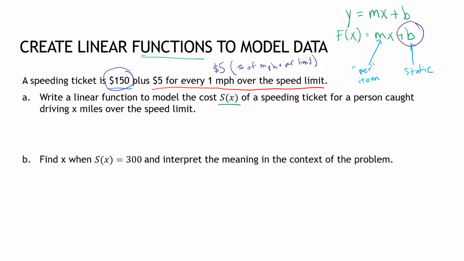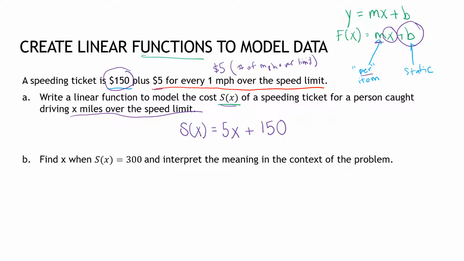And I know that based on the way it's written. 5 for every 1 mile per hour over the speed limit. So 5 is going to be my slope, and x is going to be that x miles over the speed limit. So my function here is going to be s of x because they tell me to use s of x, and then 5 times x plus 150. So again, the 5 times x because it's per mile per hour over the speed limit.